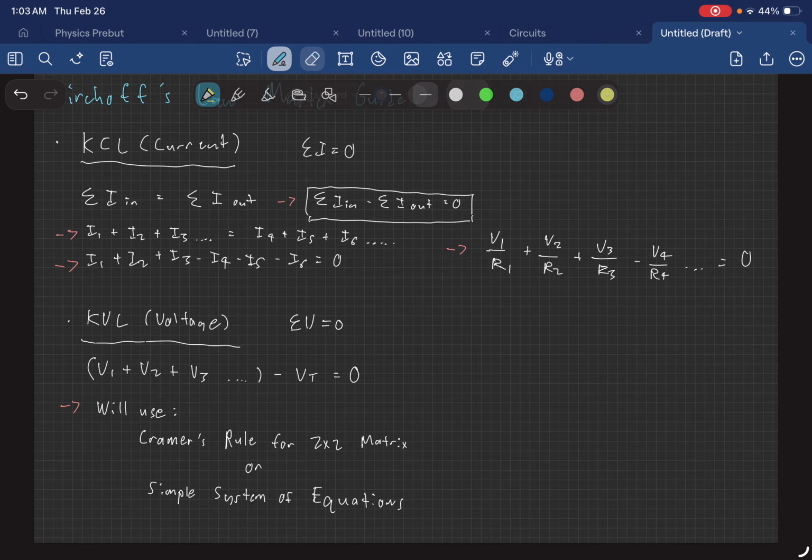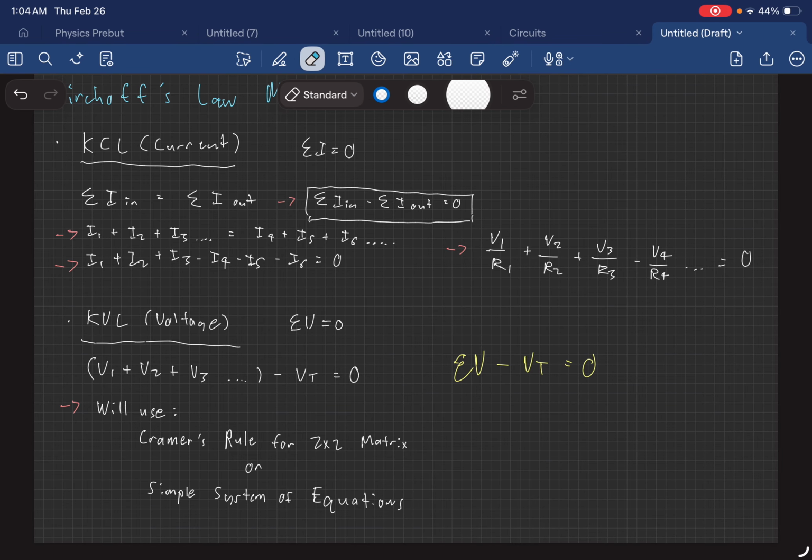This whole thing minus our voltage total is equal to 0 because they're equal. It's like KCL but with voltages now. You get what I mean? Since they're equal, if you get their difference, you don't have a difference. They're equal to 0.